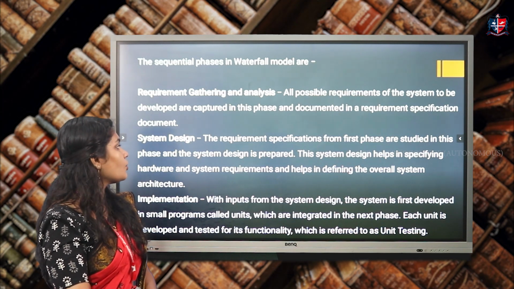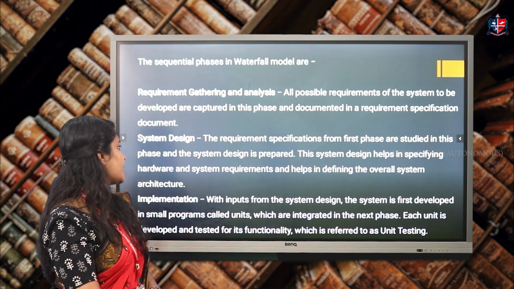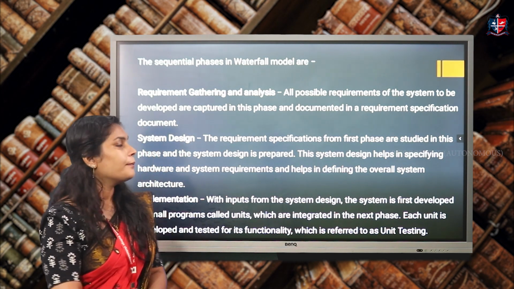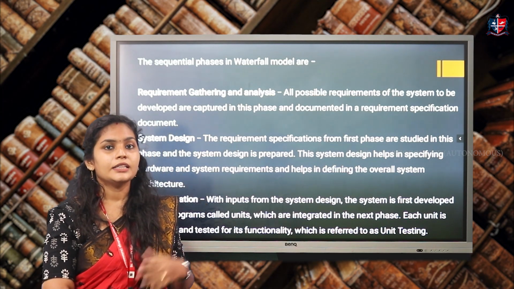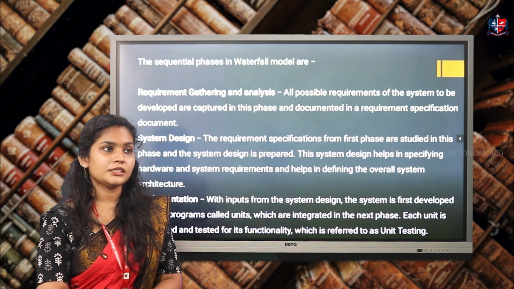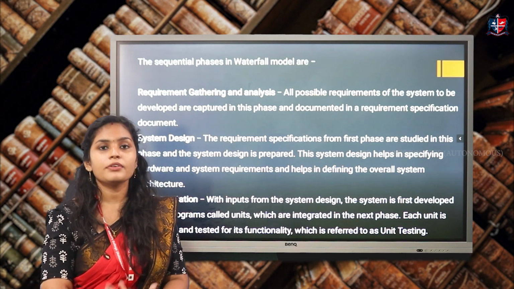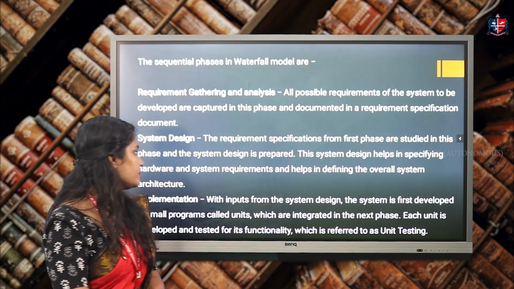In system design, the requirement specifications from the first phase are studied and the system design is prepared. Based on the documentation made in the requirement analysis, the developer will design the particular model. That means the developer will create a structured design based on those requirements.